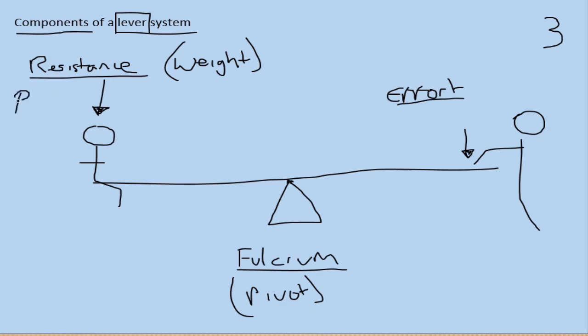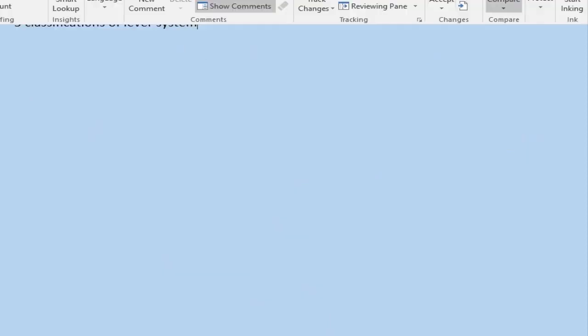So when I talk about R, I'm talking about resistance. When I'm talking about F, I'm talking about the fulcrum. When I'm talking about E, I'm talking about effort. Simple as that.